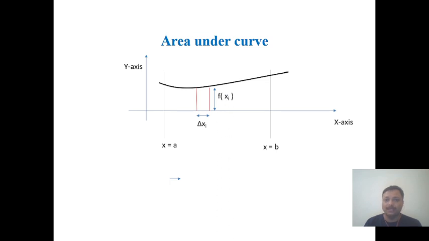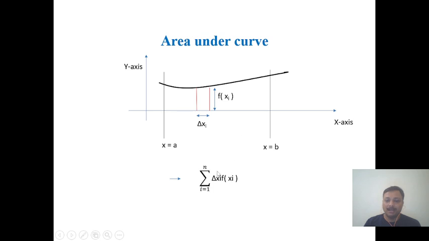Now we can divide this whole area into several strips, n number of strips, and then sum all those areas to get the area between this curve and the x-axis, and x is equal to a, x is equal to b. So this is the area of a strip, delta x_i times f(x_i), right? Now if we sum over i is equal to 1 to n, over all n strips that we are dividing, then we will get the area under the curve.